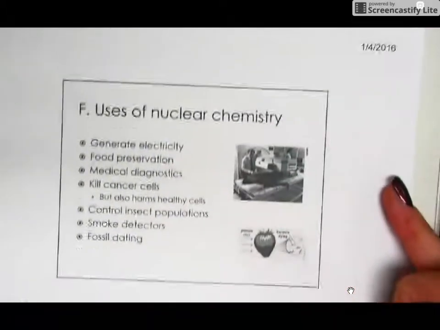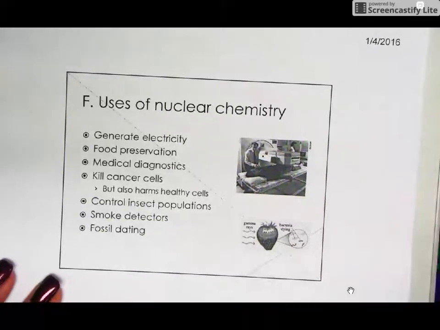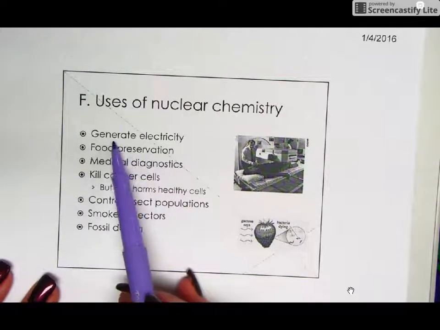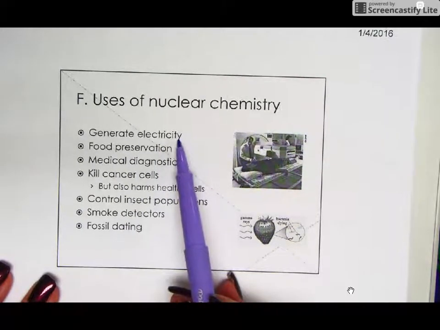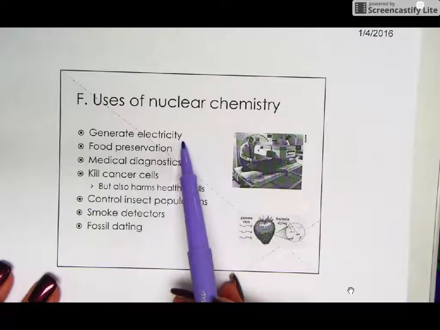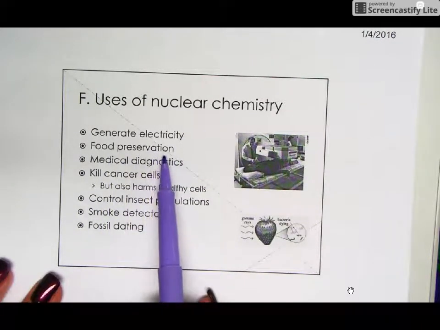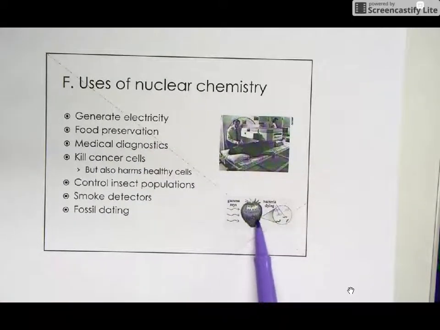Finally, I want to end with, so what are some uses of nuclear chemistry in our world? Well, in a nuclear power plant, they generate electricity with that fission reaction that I mentioned on the previous slide. Also, they can preserve food with the nuclear reaction by exposing, say, for example, this strawberry to gamma rays.